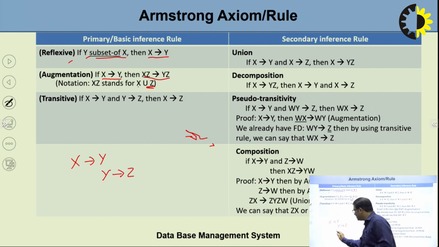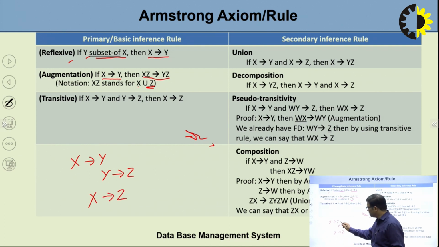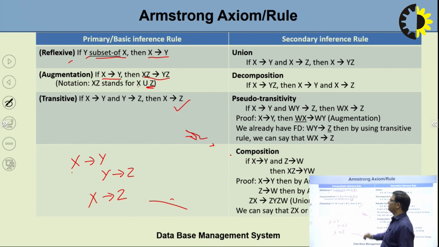So can we say that x tends to z? Yes, just because of y. So we can write x tends to z. So this is transitive dependency. Okay. So we can eliminate the middle element here.